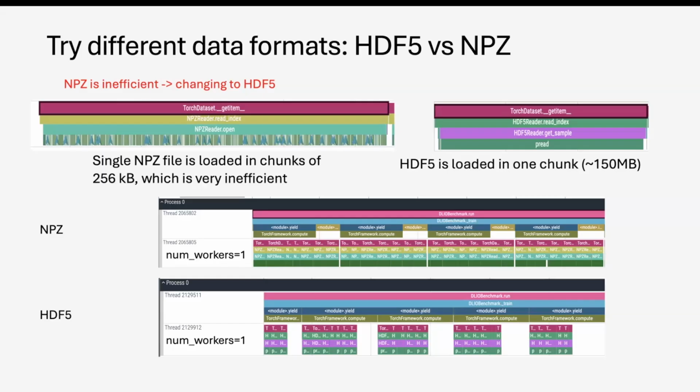Before, when I was using NumPy array with number of workers equal to 1, I wasn't able to overlap the I/O overhead. But if I use HDF5 format, my I/O immediately improved. I don't even need to increase the number of workers to 2. 1 is enough.